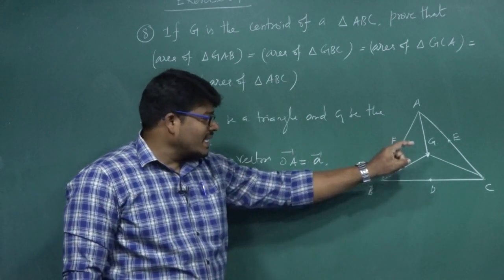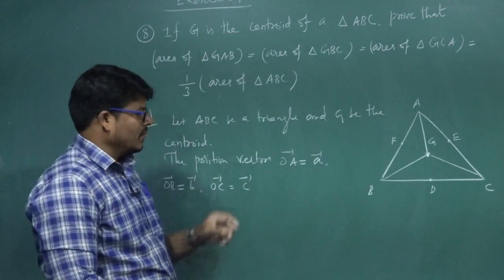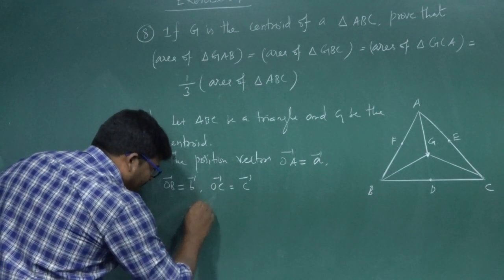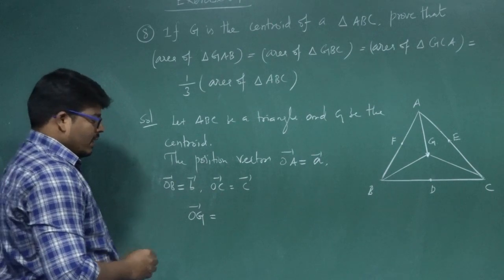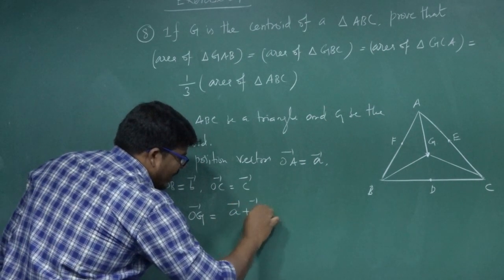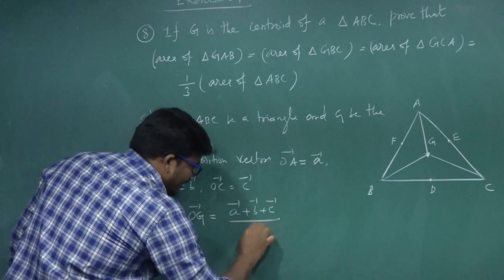The next one, the centroid of the triangle ABC. The position vector OG equals the centroid formula, a vector plus b vector plus c vector by 3.